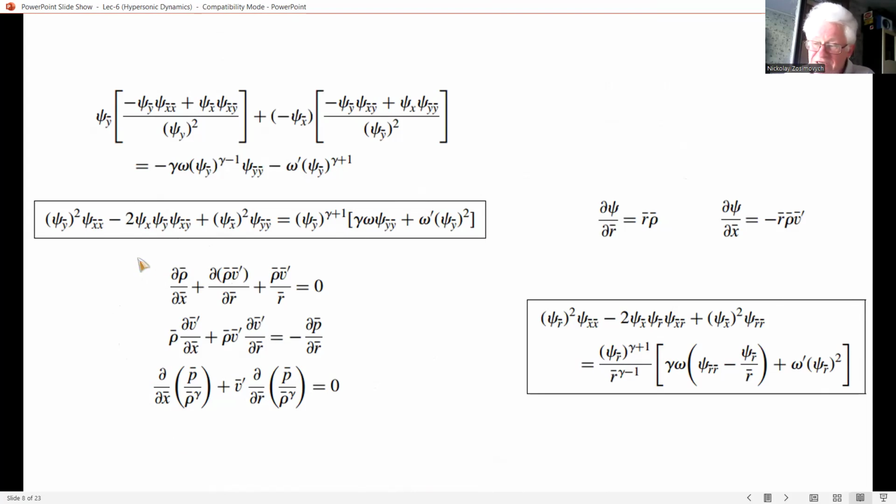In the preceding, x average was x over L, r average was r over tau L, and v average is the non-dimensional perturbation velocity in the r average direction. And all of the other quantities are the same as before.